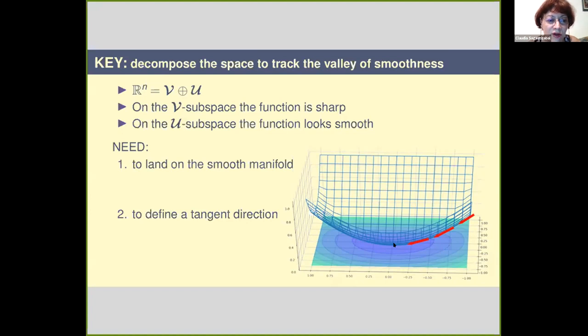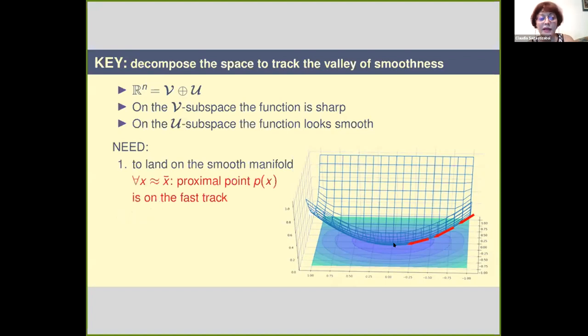For that, we have some theory behind it, and one important result is that, as in our example, when we are near the optimum or a stationary point, but here I'm speaking only about convex, although the results also hold for non-convex functions, the proximal point lands on this fast track, on this manifold of smoothness. So this can be proved.